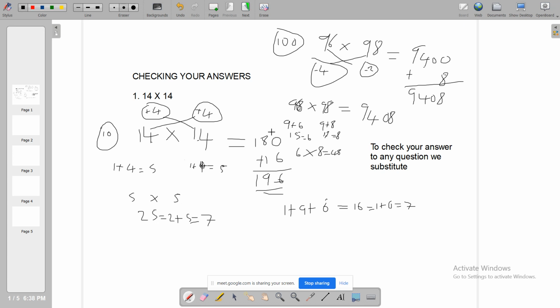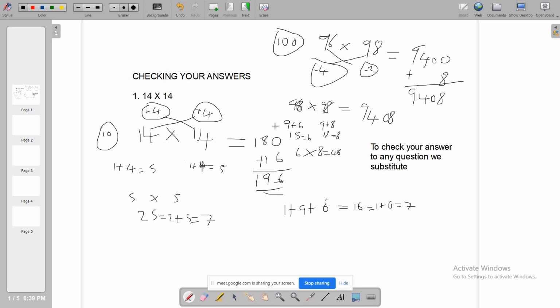Now we got 48, right? So now we need to find a substitute for 48, who can tell me? 4 plus 8 is 12.